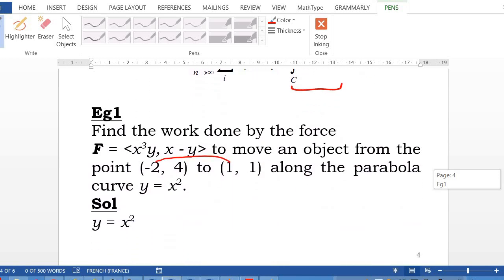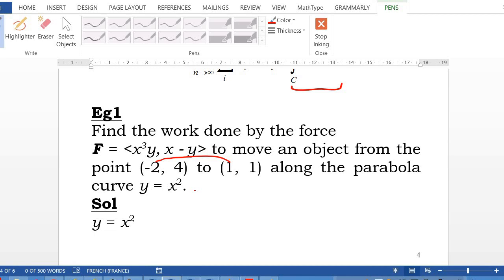So example 1: find the work done by the force F equals x cubed y i plus x minus y j to move an object from the point negative 2, 4 to 1, 1 along the parabola curve y equals x squared. In this case, this example is not like the previous two examples where r(t) is given.